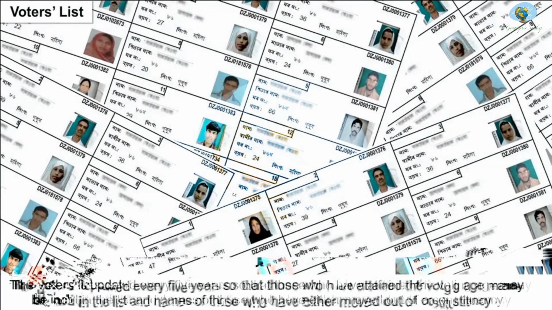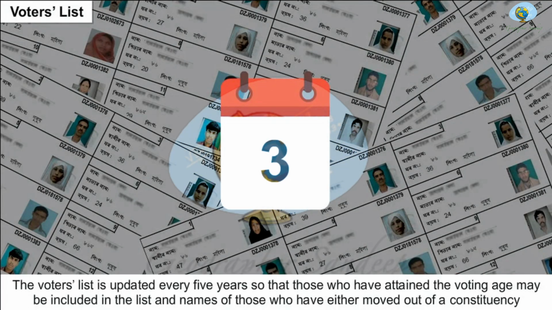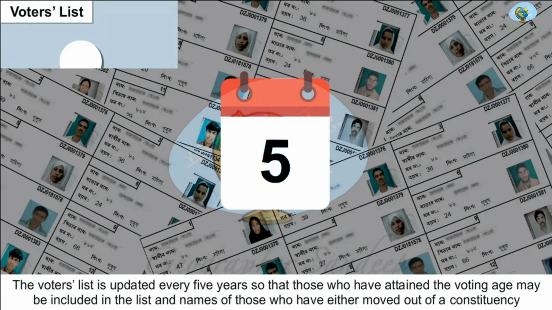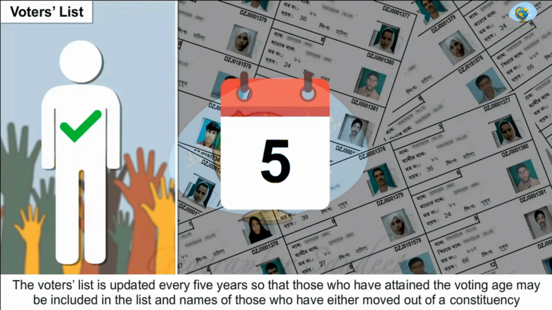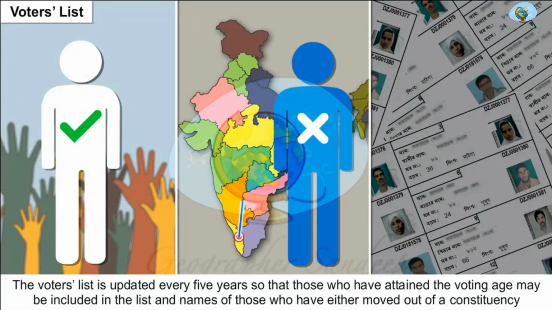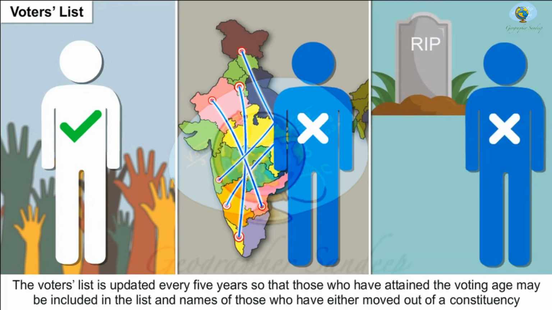The Voters List is updated every 5 years so that those who have attained the voting age may be included in the list, and names of those who have either moved out of a constituency or those who are dead may be deleted.